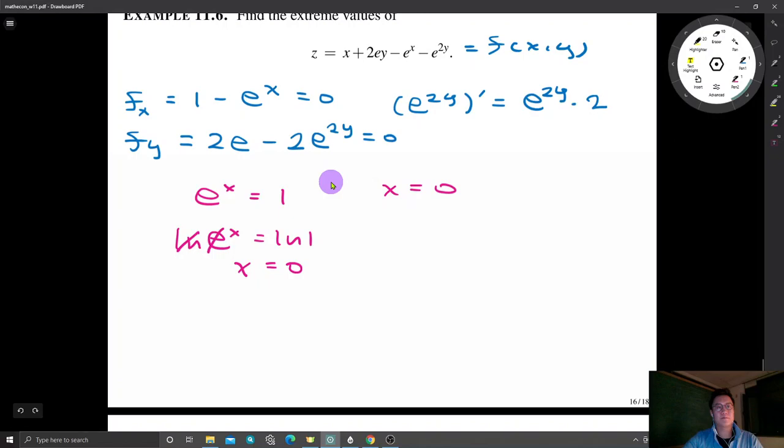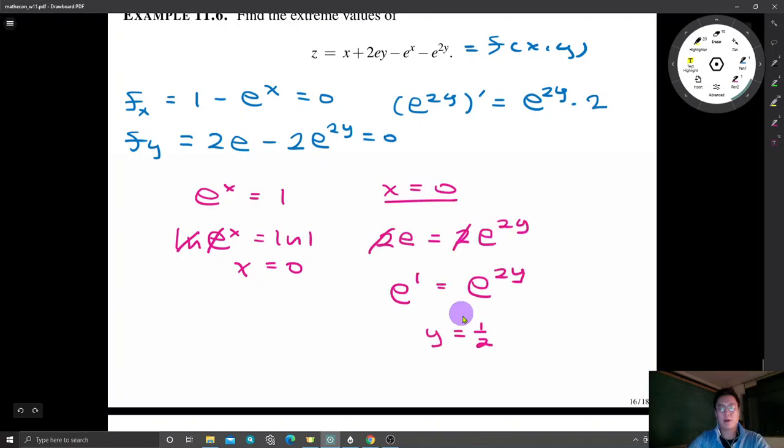So y should be 1 half. Okay. So the given function has a unique critical point at 0, 1 half. So we have a unique critical point that occurs at 0, 1 half.